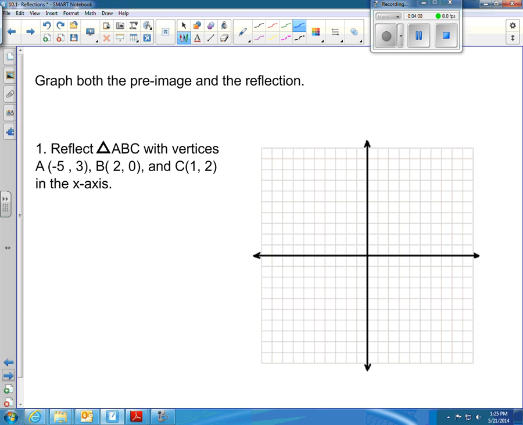Okay. So it says graph both the pre-image and the reflection. So let's start off with graphing triangle ABC. I'm going to pause the video, you pause the video also and graph it, and then we'll come back and compare our image.